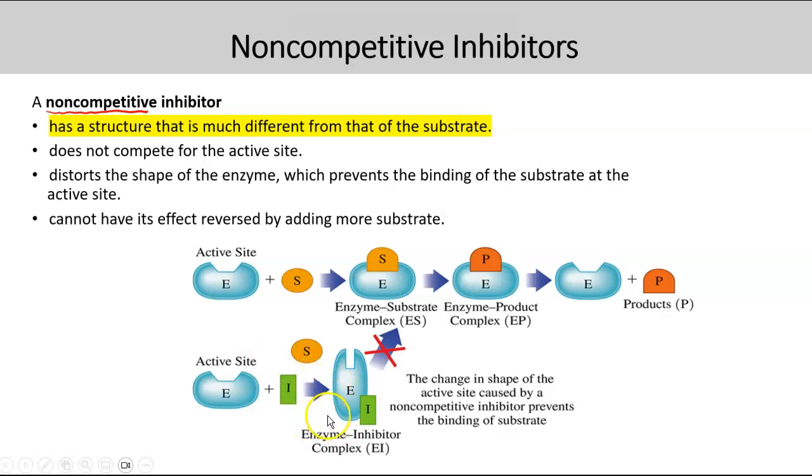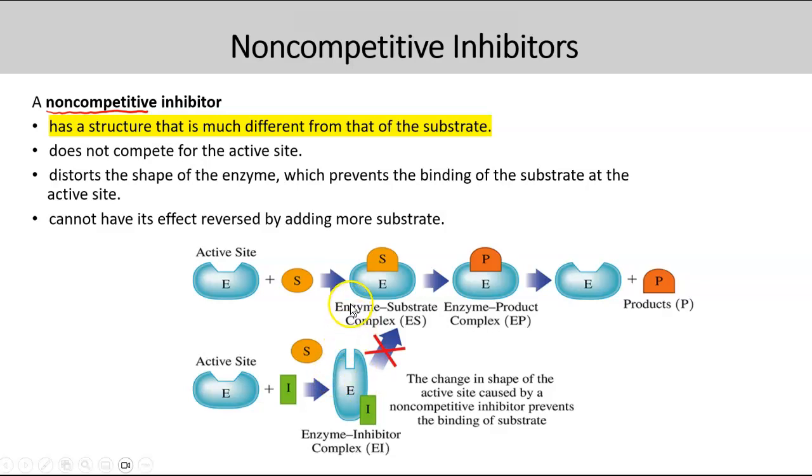That's what happens in non-competitive inhibition. You need to memorize the differences: how the competitive inhibitors work, what features make them bind to the active site, and how the non-competitive inhibitors work.